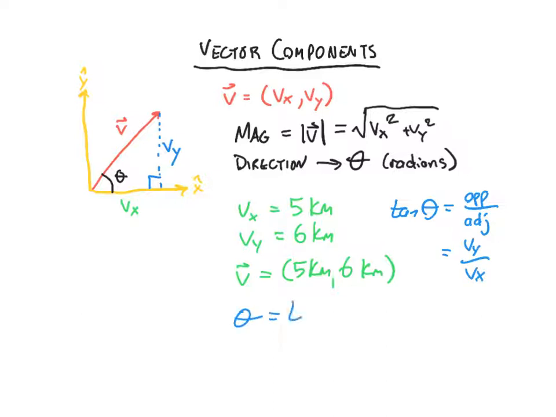So theta is going to be the inverse tangent of vy over vx. And that's something you can just punch into your calculator and get an answer for. Or if it's a quiz that you're not using a calculator on, you can just leave it in this form, even in terms of numbers, and that's fine.